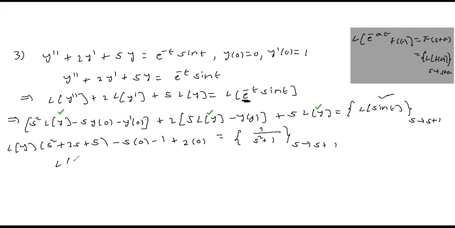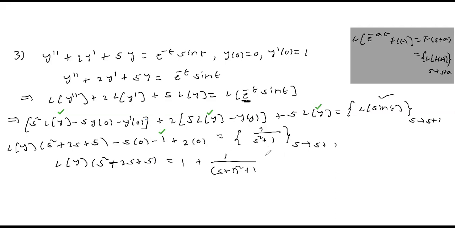So L of y into s square plus 2s plus 5. Take this minus 1 to the right hand side. So what do you get? 1 plus, when I replace s with s plus 1, it is going to be 1 by s plus 1 whole square plus 1.